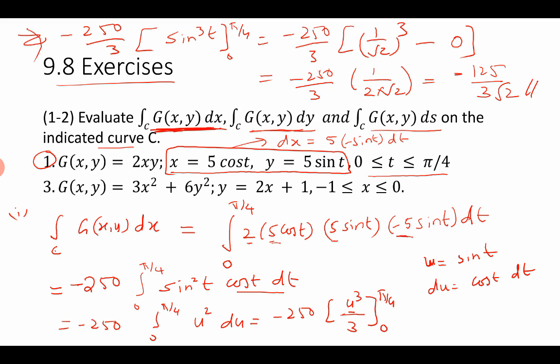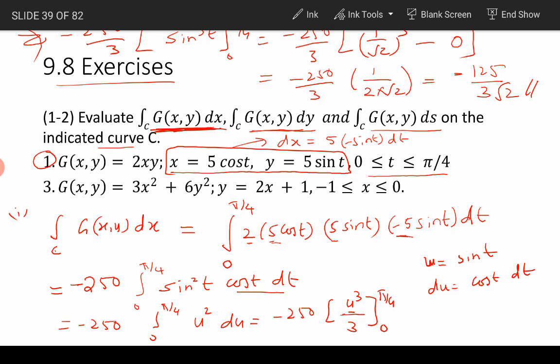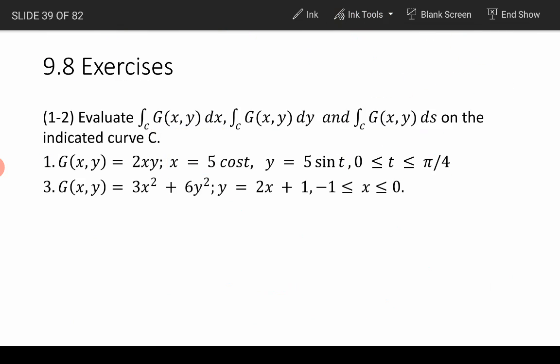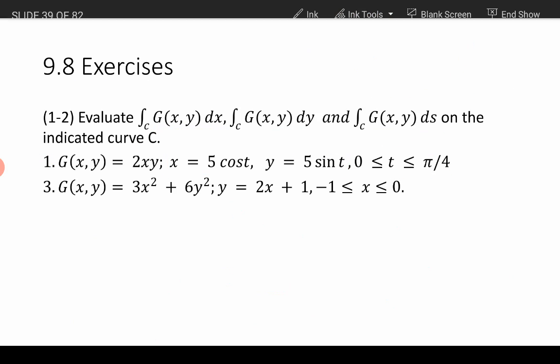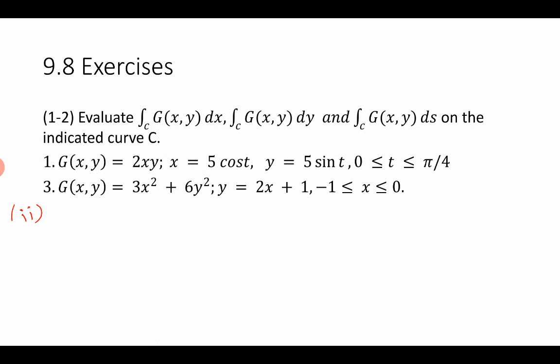Now there are 2 more cases in the first problem, isn't it? What is next? Case 2. This one we are going to do. Integral over c g of x y dy, and dy should be found from here. Dy is 5, integral differential of sin t is cosine t, isn't it?